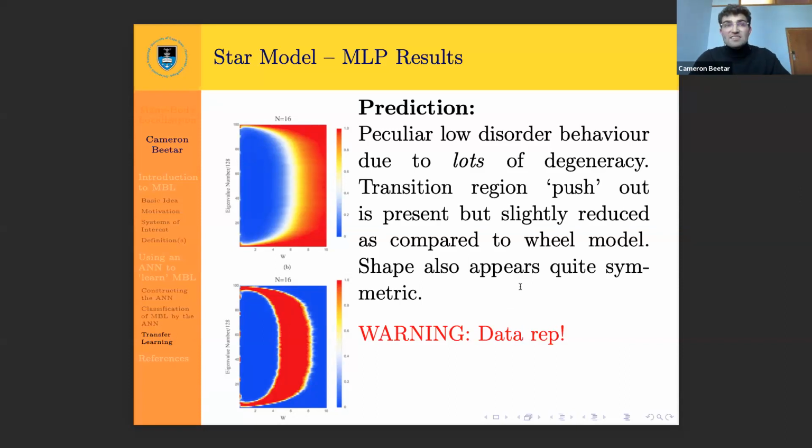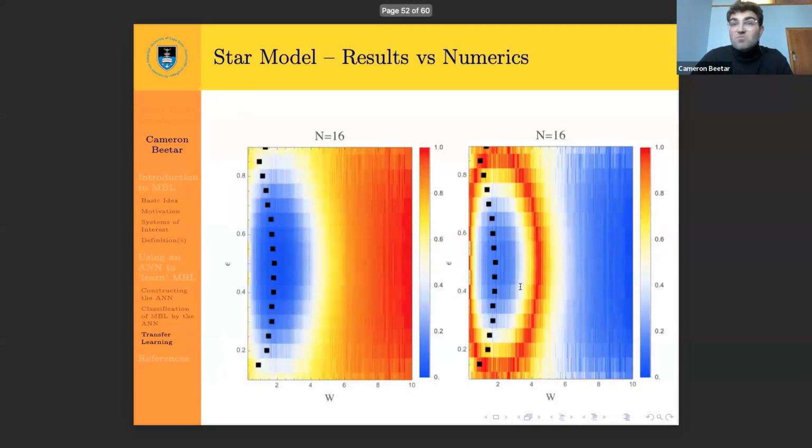So when you run the numerics, are these predictions found to be accurate? Well, yes, and quite astonishingly, that weird region of uncertainty that the network predicts is also picked up in the numerics. But remember, the neural network has not been trained on any of this data. It's been classifying a completely different system.